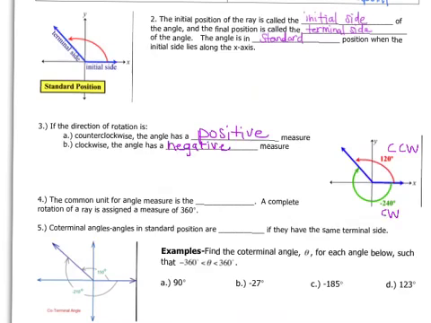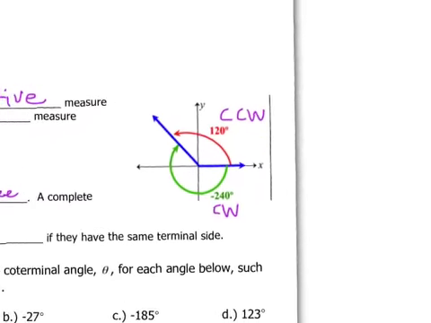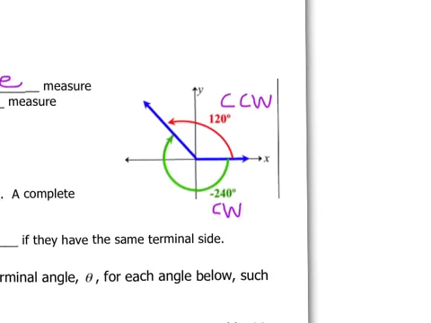We hopefully know that the common unit for angle measure is our degree. And a complete rotation would be forming a circle of 360 degrees. What I want you to just look up here for me. Look at this graphic. There are actually two angles of rotation here.